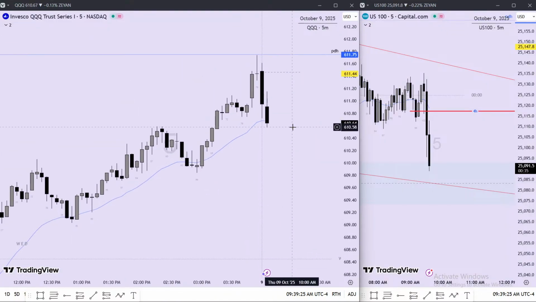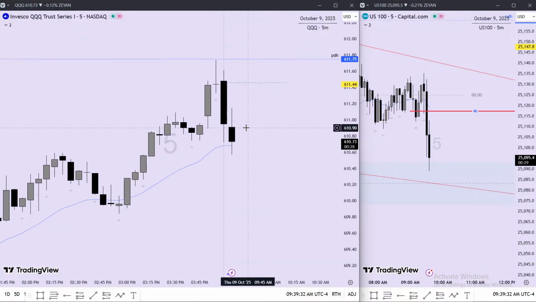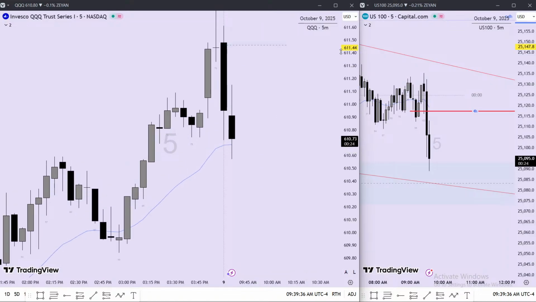The next 5 minutes is about 33 minutes, 33 seconds. I'm watching whether we will get a closing below the prior bar low or will the bears fail to close below the moving average and the prior bar low. The second bar may close as a doji, which is good for the bulls.